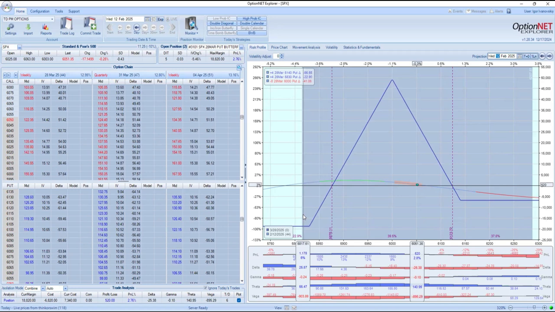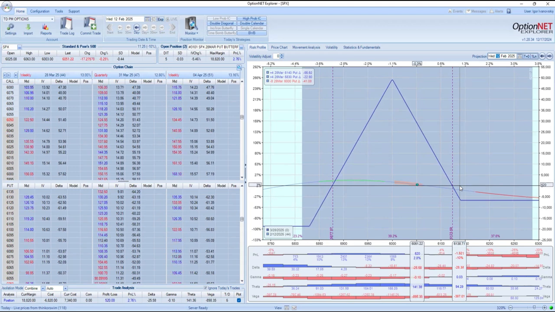$4,700 times 0.05, right? So we're trying to make $235 per one tranche or per one contract, right? So $235 divided by 100, that's $2.35. You can add that to that $17 debit.